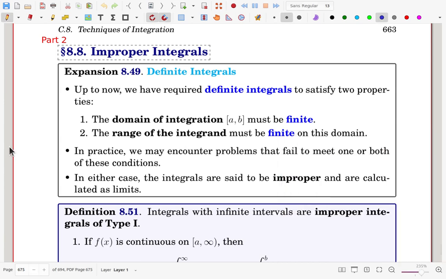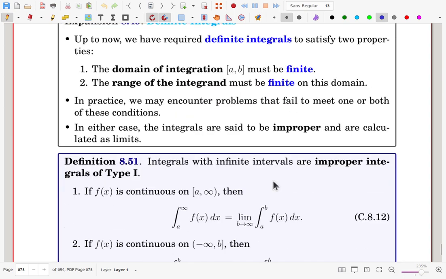However, in practice, we may encounter problems that fail to meet one or both of these conditions. In either case, we say the integral is improper, and we'll try to evaluate it as a limit.